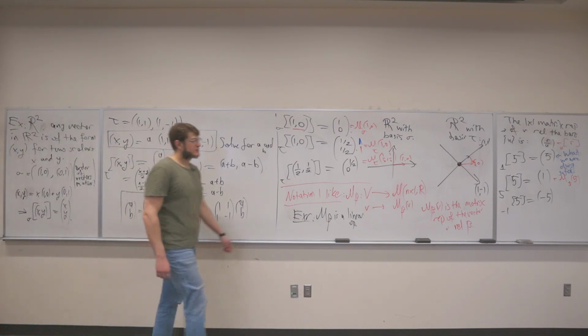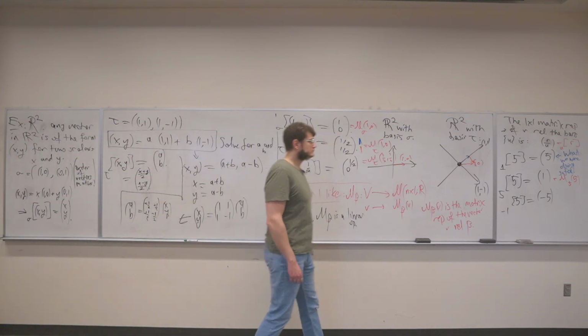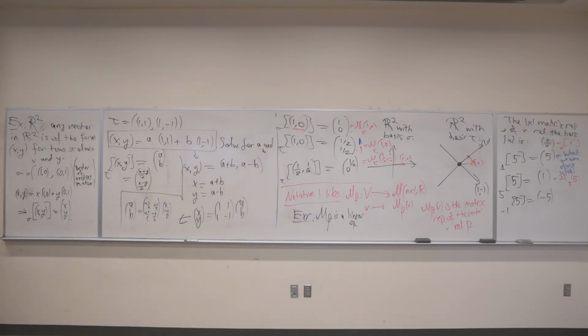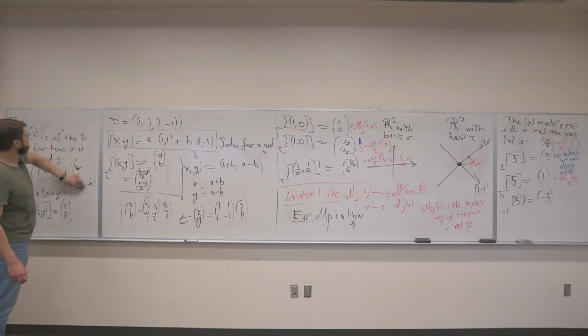Let's do a slightly more complicated example. Yesterday we came up with this idea of taking a polynomial and storing it in a column matrix. Essentially we're using the same idea here.